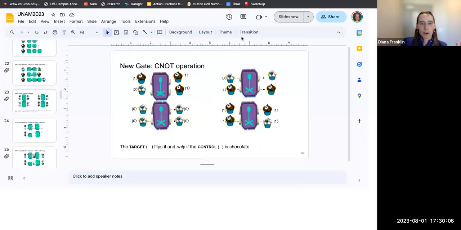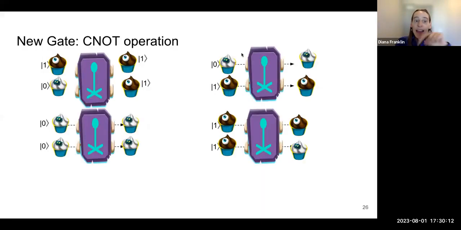Okay, so in this case, if the top one is chocolate, the one with the spot, then the bottom one will change. The bottom one will experience a not gate if the top one is chocolate. But if the top one is chocolate, no change will occur. What did I say? The top one is vanilla.